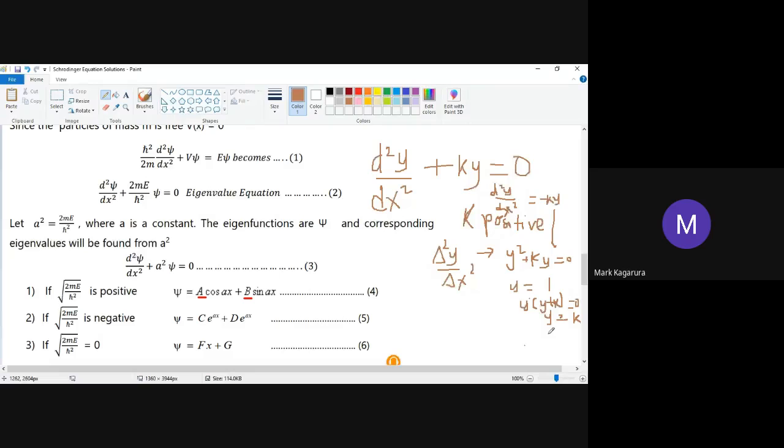Okay, y is going to be equal to a constant, but it's not really a constant.